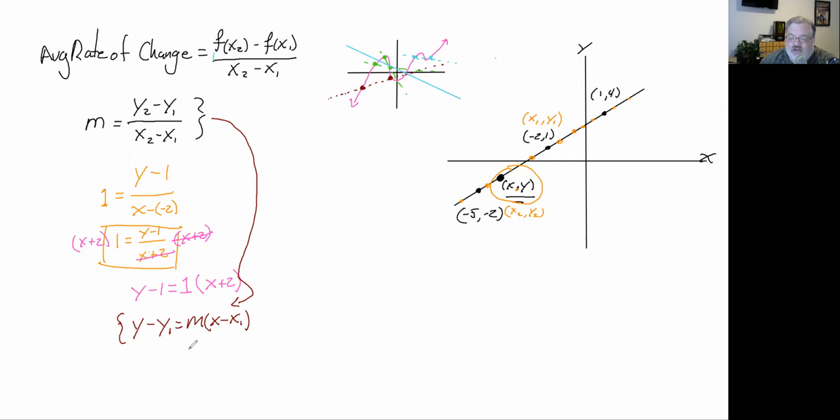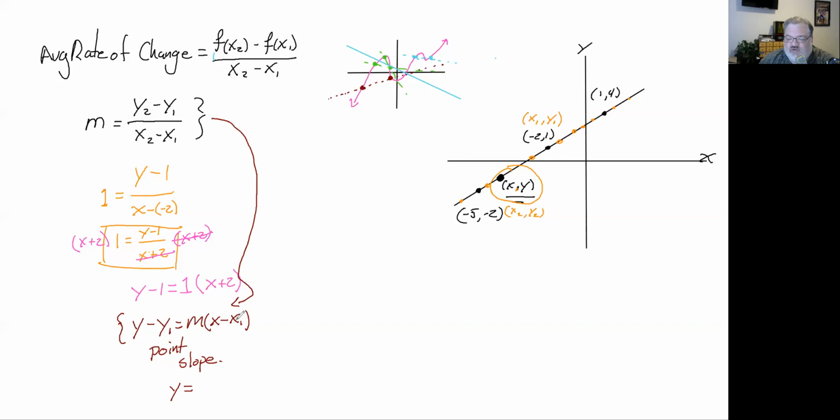Some of you have hopefully used this form before. It was often referred to as the point slope form of a line because it contains a point, x1, y1, and the slope m. So this is actually a good tool for building lines. Often we don't want to start in this form and work from this formula to build an equation of a line. So oftentimes we'll start here. And frankly, you often see people modify it a little bit more.